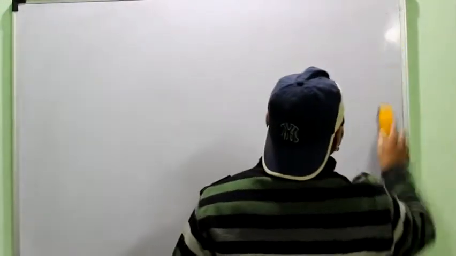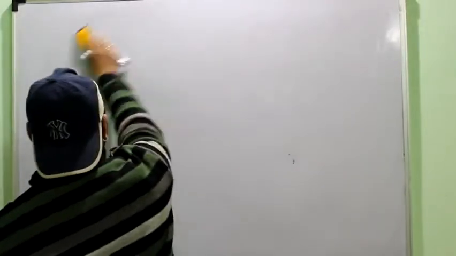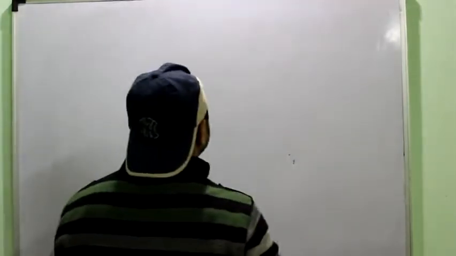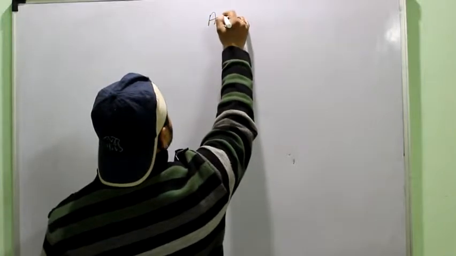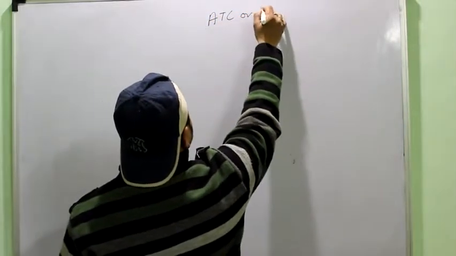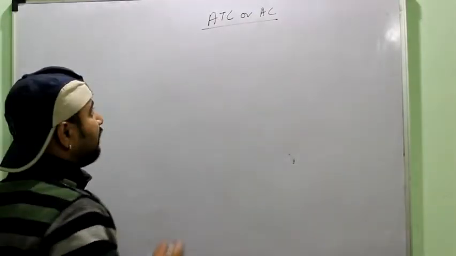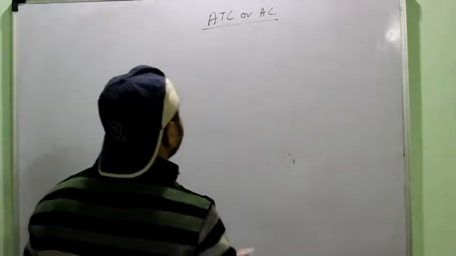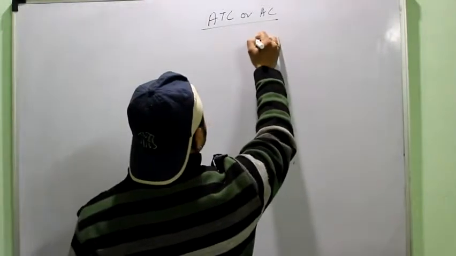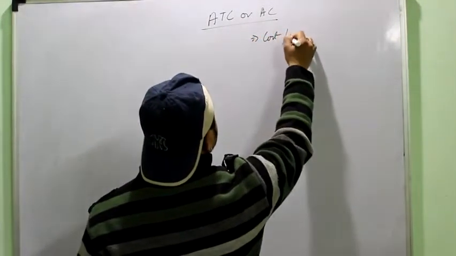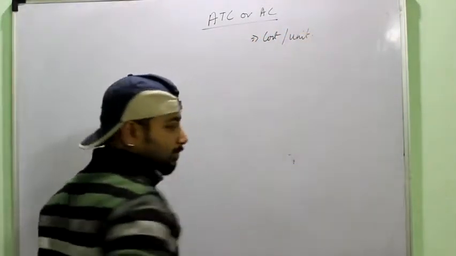Now, after studying the concept of total cost, we have to study the concept of average cost. ATC or AC, abbreviated from average total cost or average cost, is defined as the cost per unit of output produced.